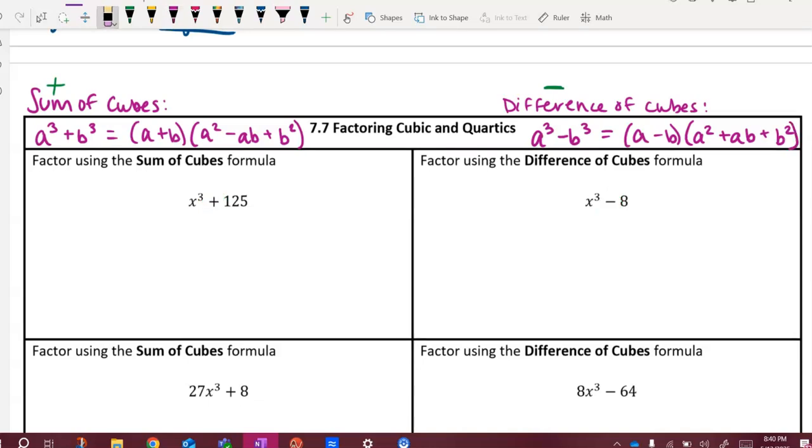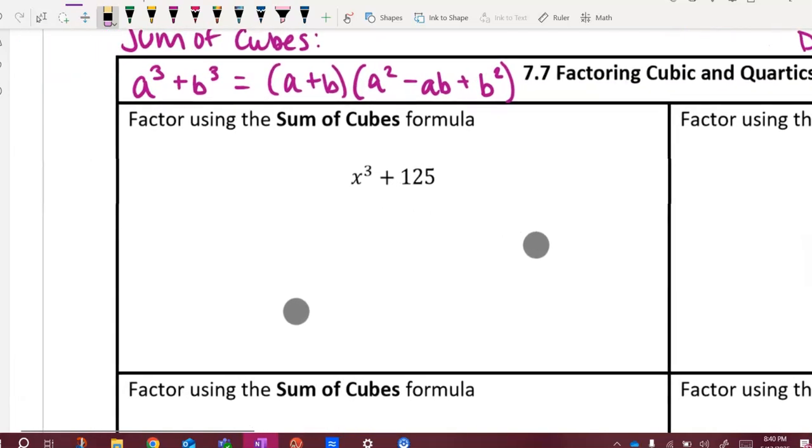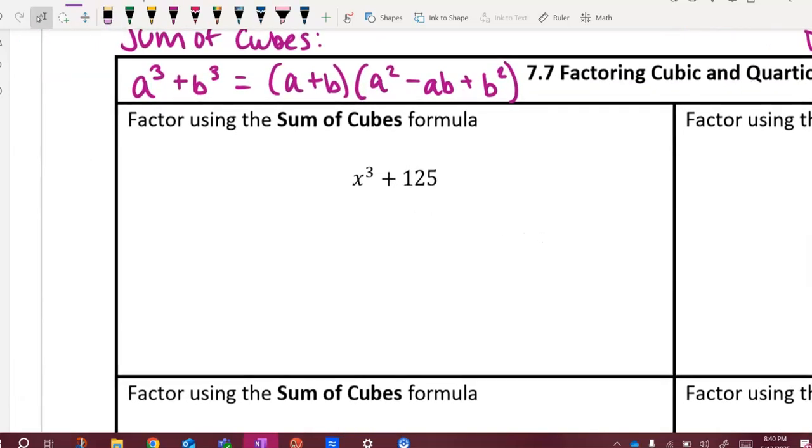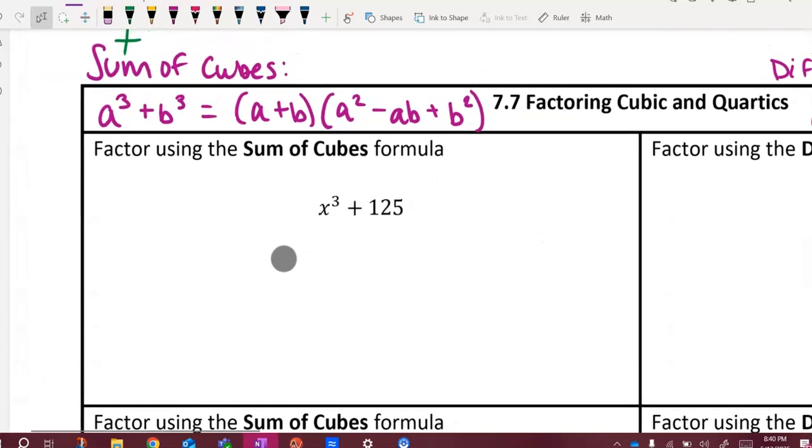All right, so let's use this formula starting with the sum of cubes. Let's just do the sums first, and then we'll go back and do the difference next. So sum of cubes. We're starting out with a cubed plus b cubed. So a cubed is x cubed, and b cubed is 125. But our factors need a, b, a squared, b squared, and a times b.